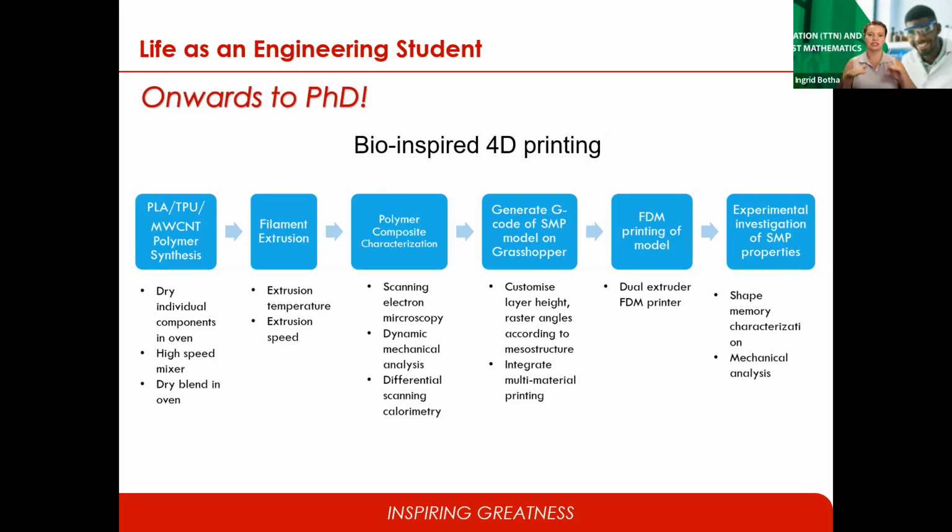Now imagine if instead you were able to print these chairs as a completely flat sheet. And once it's arrived at its destination, which is of course a lot easier to get to with it being in this shape, with the application of an external stimulus like heat or water or UV light, it will fold into its final shape, without the use of any specialized equipment. So that's what we're aiming to do with 4D printing.